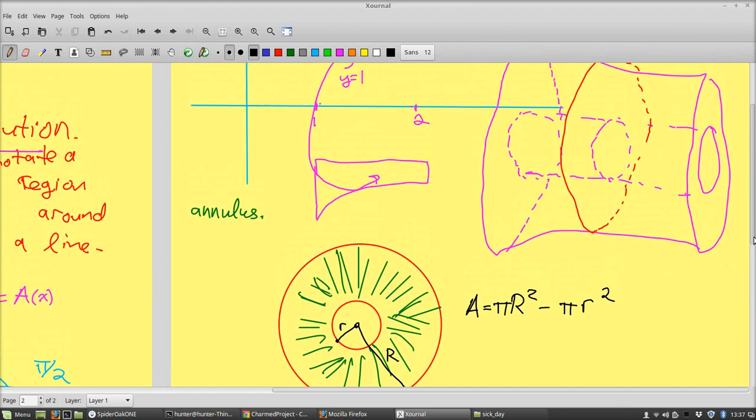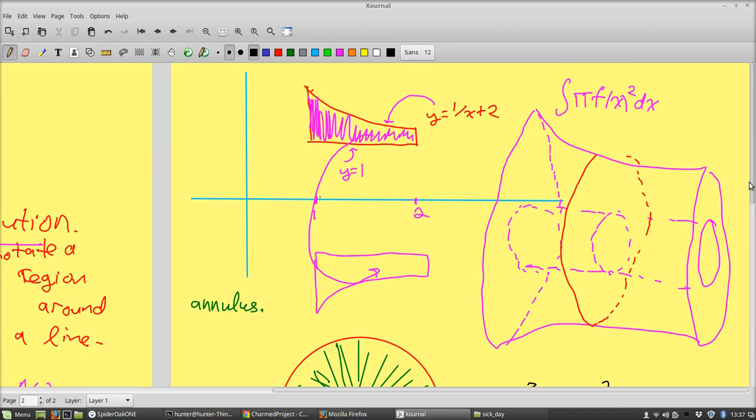So now let's see if we can figure out what that means in terms of these functions. Here I actually gave you two functions, but just so we can derive the rule as we go along, let's say that this top one is equal to f of x, and this bottom one is equal to g of x. Then the little radius comes from g of x, and the big radius comes from f of x.